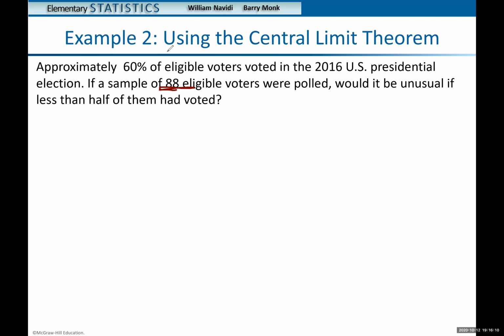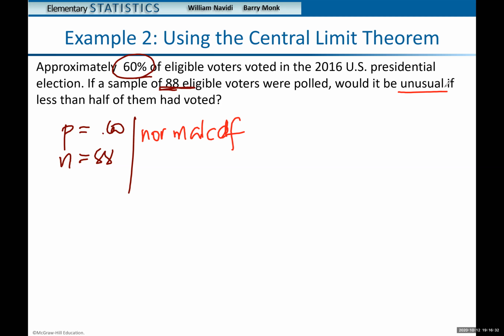So you're talking about percentage here, proportion, so definitely that is your p. And with n equal to 88, definitely this is 7.4, since you are talking about proportion. So again, this is going to be normal CDF.